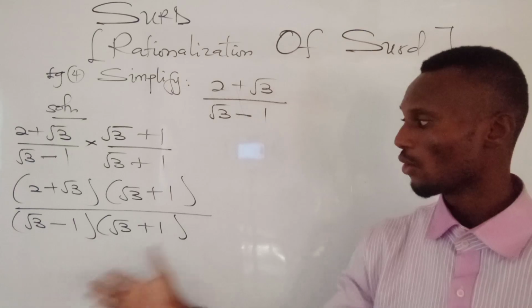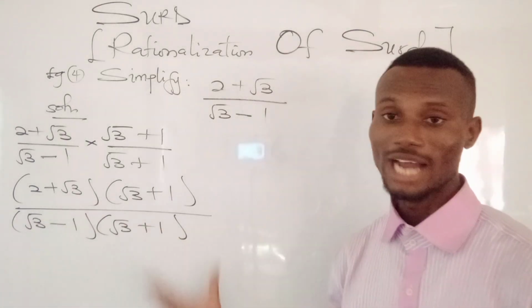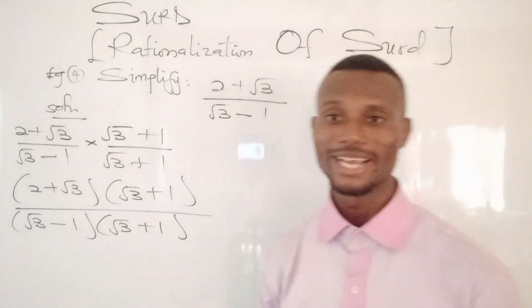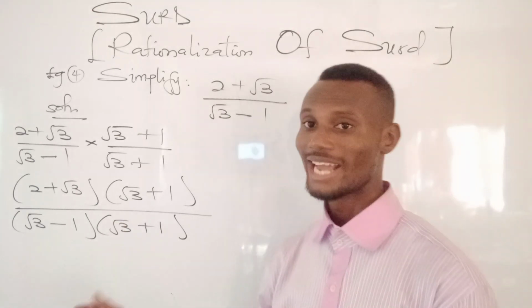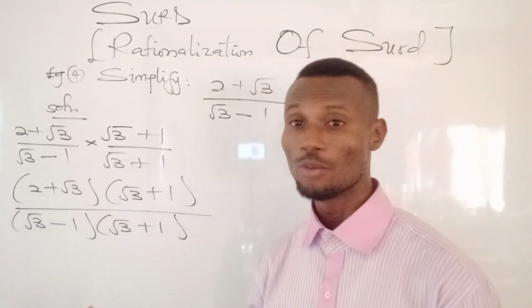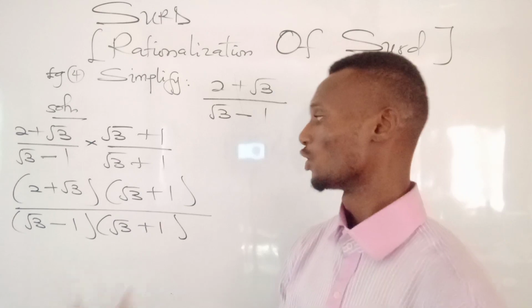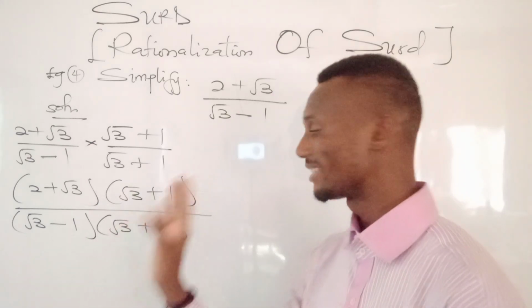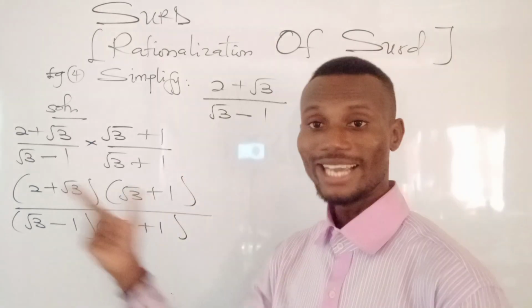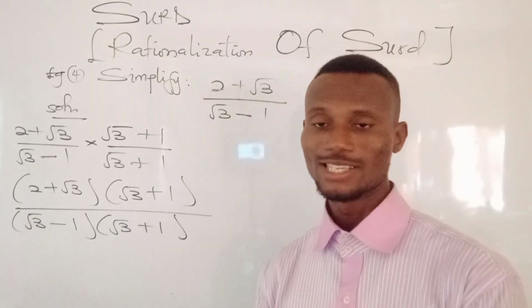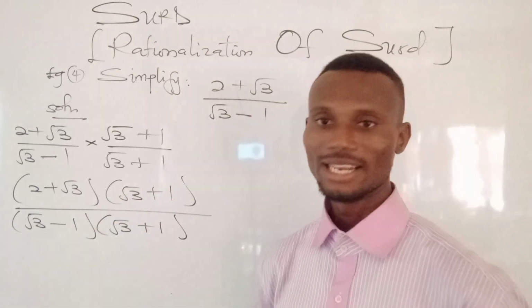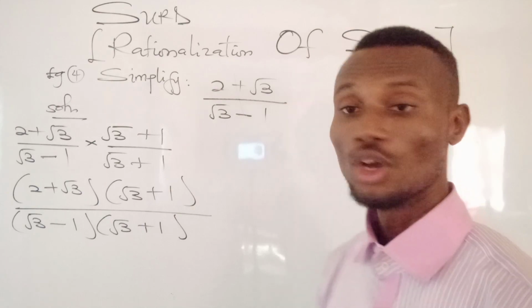Now from here, what we have to do is open our brackets, and to open the brackets we apply the multiplication of two binomials principle. We maintain the last bracket, then each term in the first bracket will multiply the last bracket. That is how you handle it.